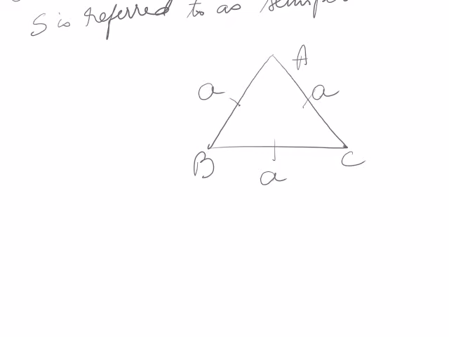Not only that, each angle in an equilateral triangle is 60 degrees. Such a triangle is called equilateral. Lateral means side, so equal-sided. Equilateral triangle.